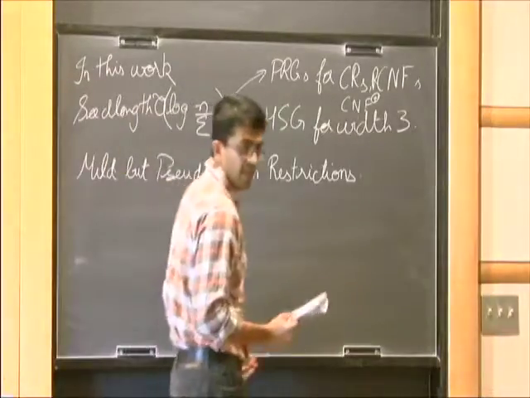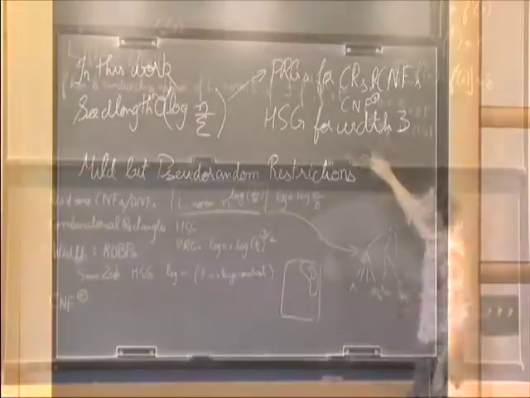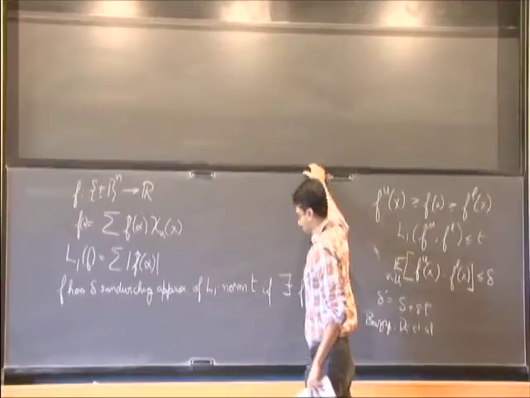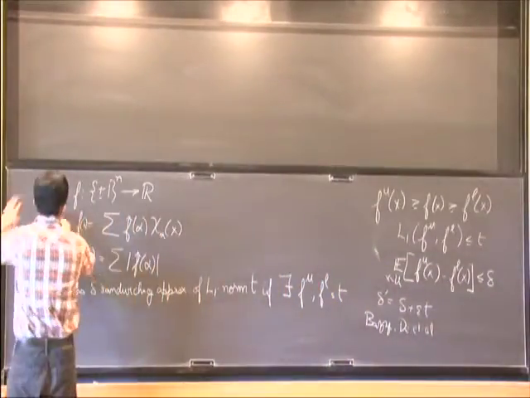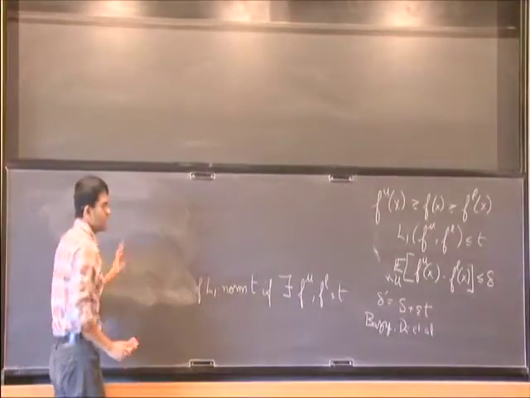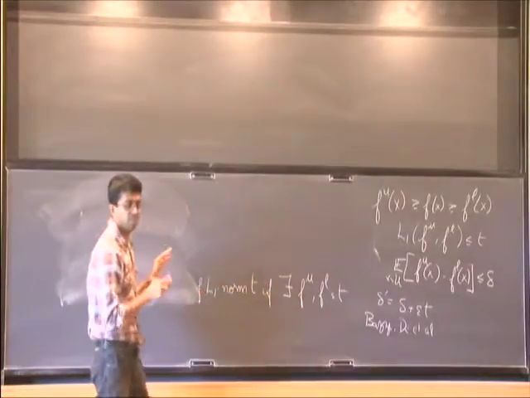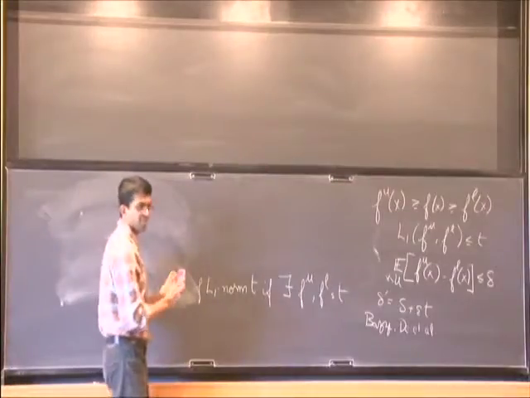Now I'll tell you what exactly we do. I'm going to take some time to really explain how our generator is going to work for the very specific case of the tribes function, because it really contains the main idea.